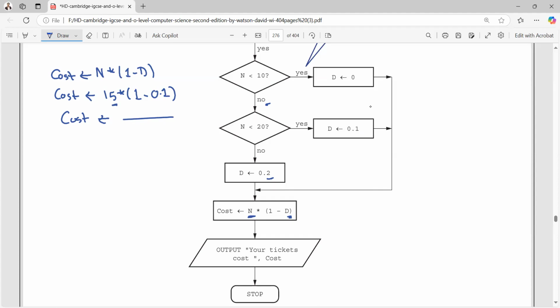So is 15 greater than 10? Sorry, is it less than 10? 15 is not less than 10. Okay, then I'll come here. Is 15 less than 20? Yes, it's less than 20. So where will I go? 0.1.